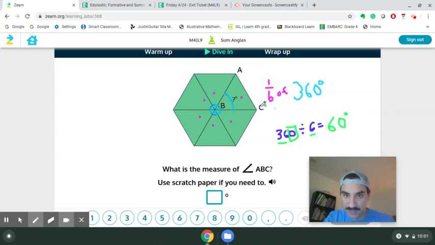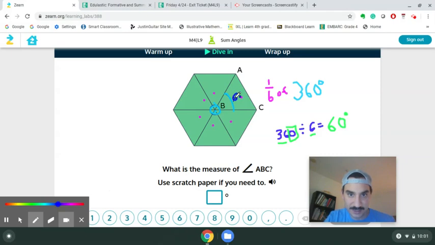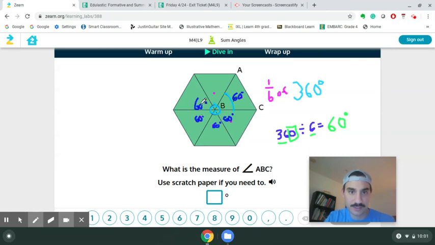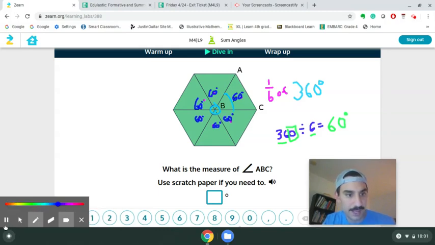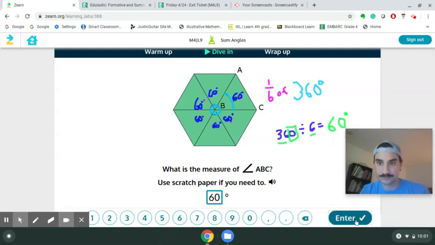That means each of these angles is measured at 60 degrees. 60 degrees, 60 degrees, 60 degrees, 60 degrees, and 60 degrees. When I add them all up, they will equal 360. If you don't believe me, double check. And our answer is, let's plug it in, 60 degrees.